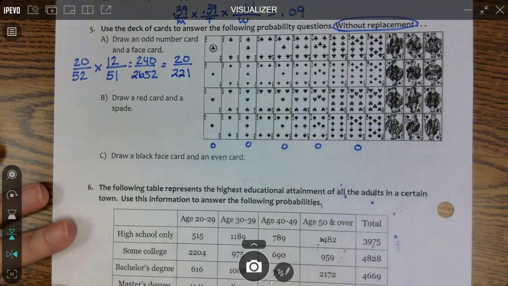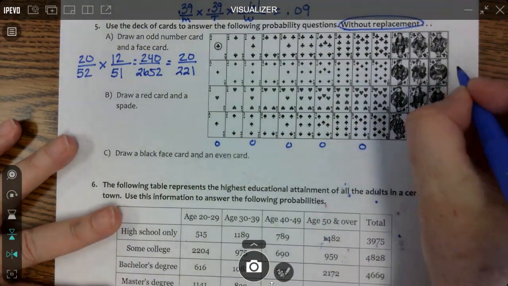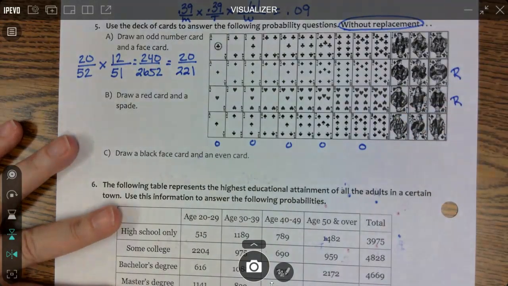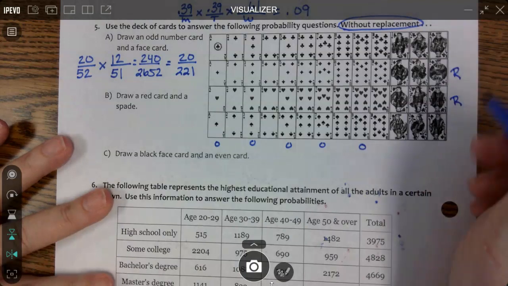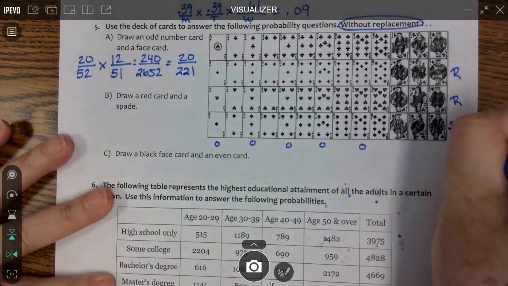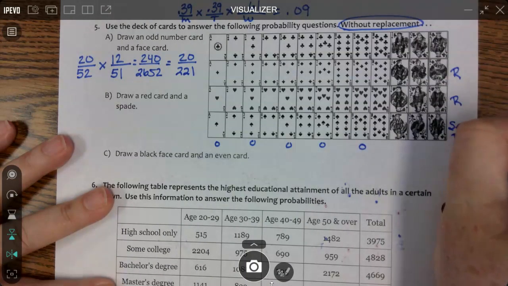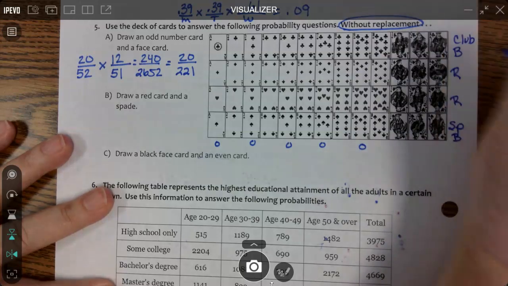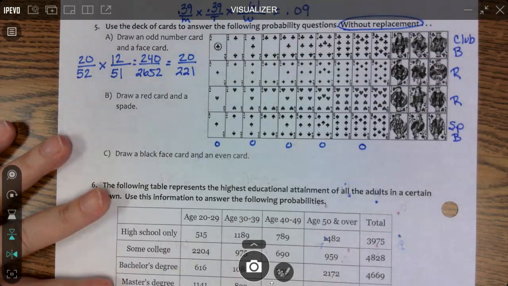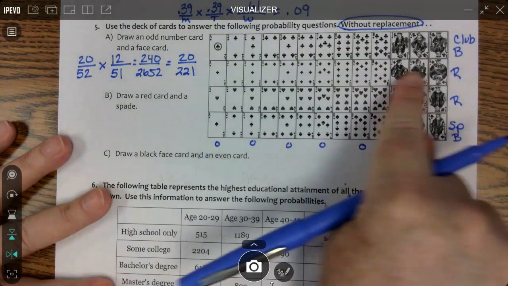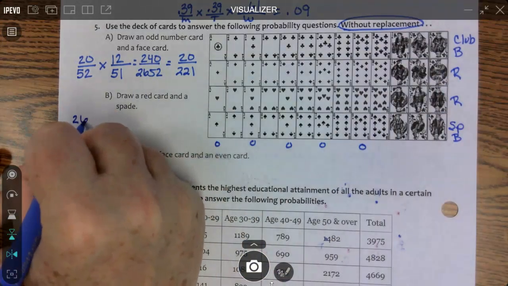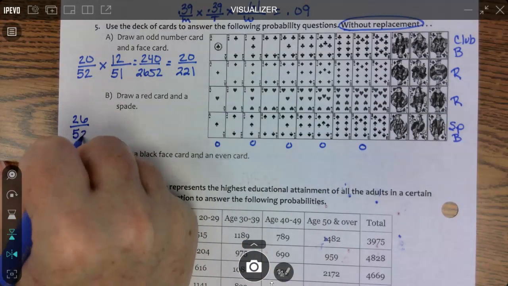Okay. Draw a red card. Okay, your red cards are diamonds and hearts. Okay. And your spades, this would be our spade. And FYI, it's the black card. Here's your clubs, and it's also a black card. Okay, so we have 13 diamonds, 13 hearts, so we have 26 red cards out of 52.